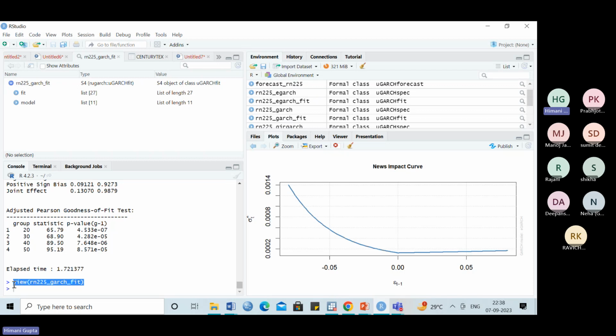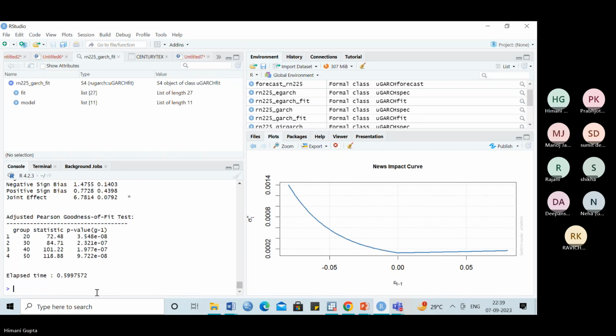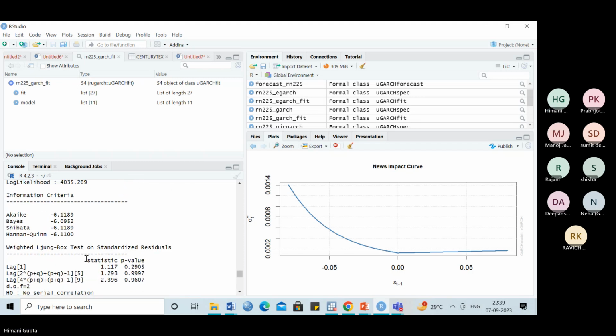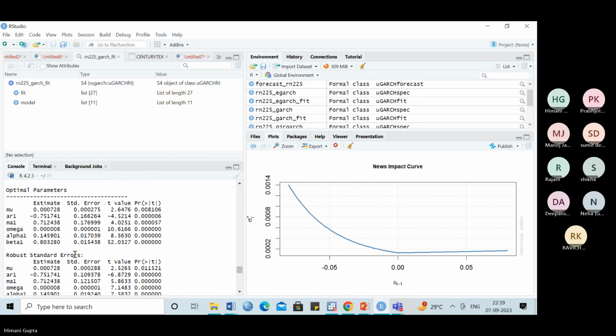I'll just give you the command over here. Let's go with the garch fit. Okay, this is my garch fit. Now see the results over here.